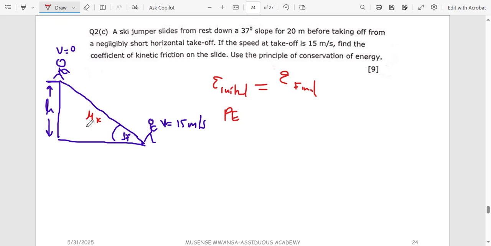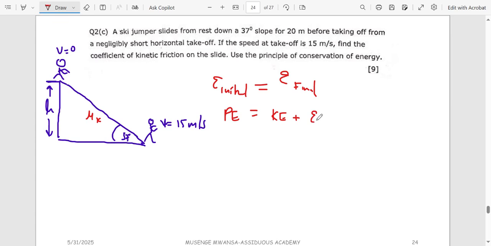But besides that, because there is friction on this incline, friction is also going to be involved. Friction is going to be doing work, and that work is going to be subtracting. Or we can do this: since at the beginning I only have potential energy, that potential energy is going to be converted to kinetic energy by the time we are reaching the bottom, plus also the energy that is going to be lost.